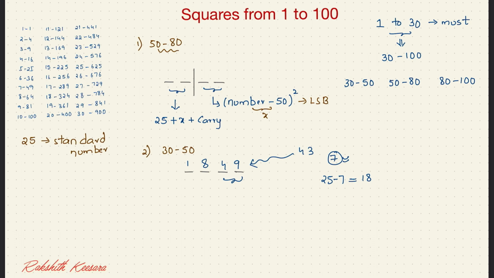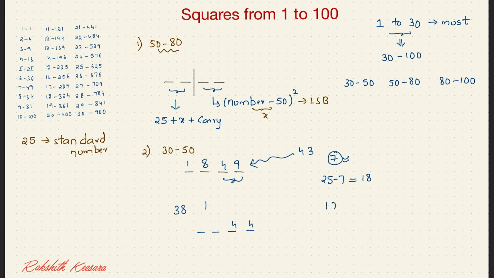Similarly, let us see another example. Let me take a number 38. 38 is less than 50 by 12. 12 12 is 144. So I will write 44 here and 1 is the carry.